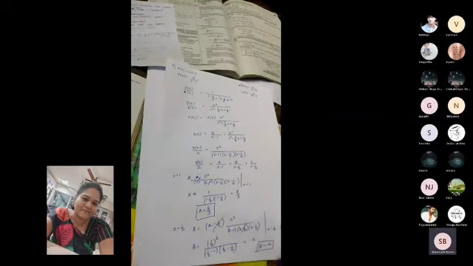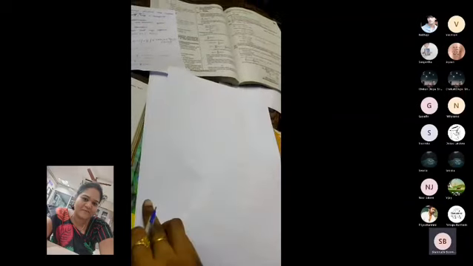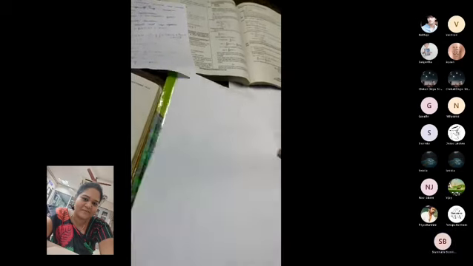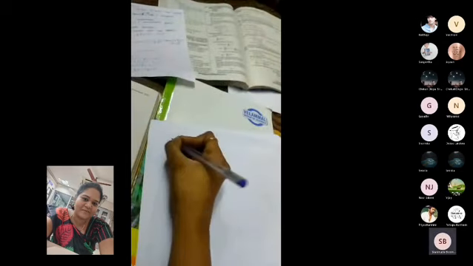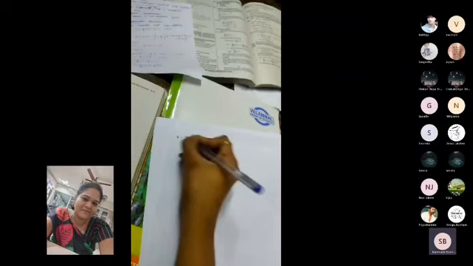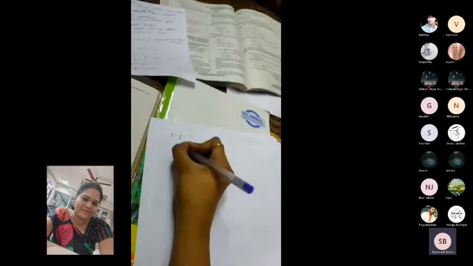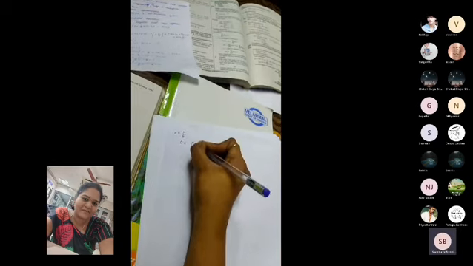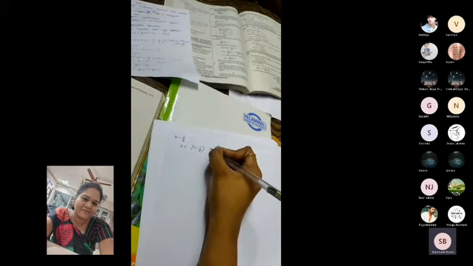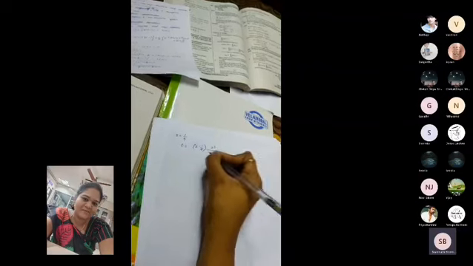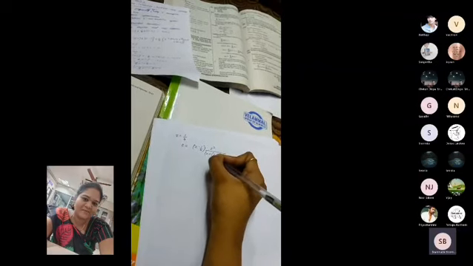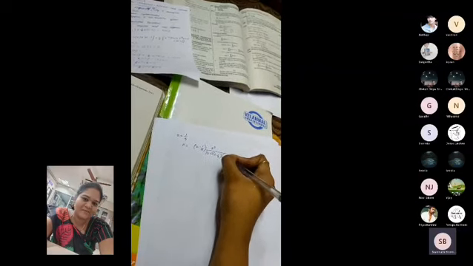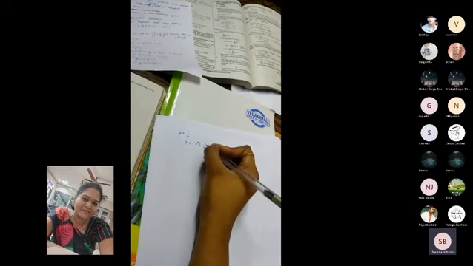Then same way, find out the C value. So to find out C value, I am going to consider the pole value as z equal to 1 by 4. So C will be equal to residue of this, which will be z minus 1 by 4 into z square divided by z minus 1 into z minus 1 by 2 into z minus 1 by 4.